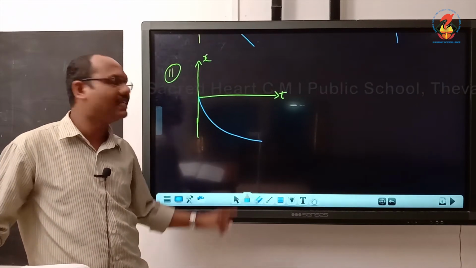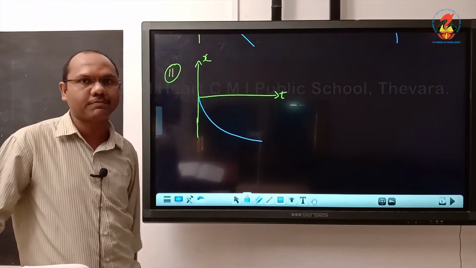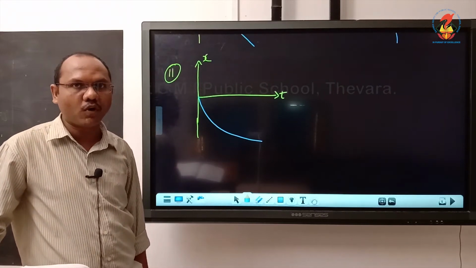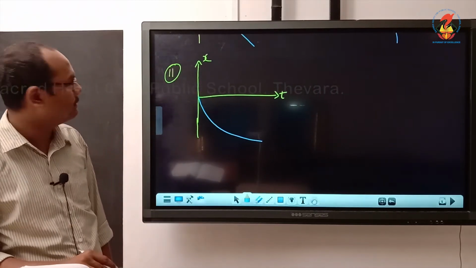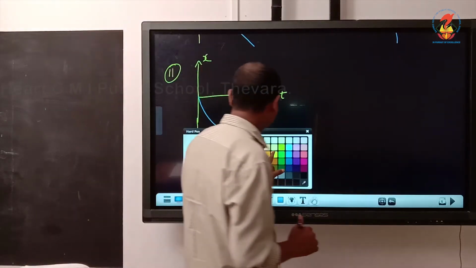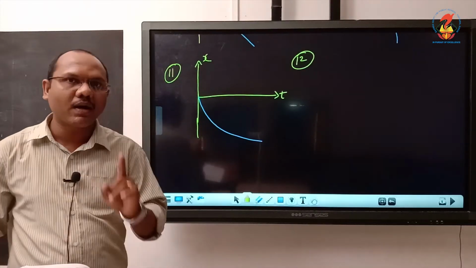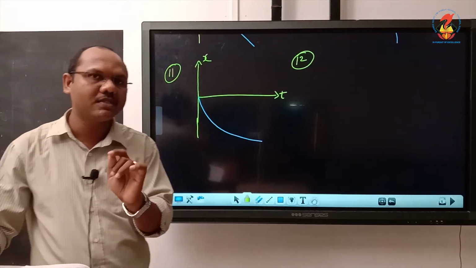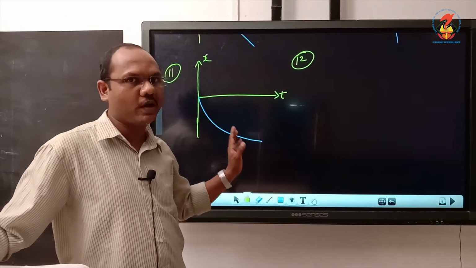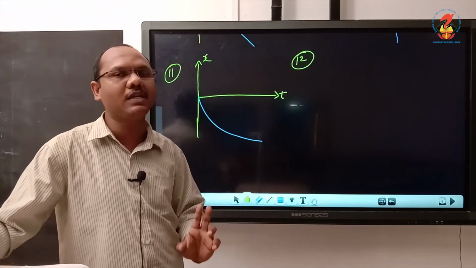So the body is decelerating in the negative direction. Please make sure that you are writing all the points that I am saying below the graph. You have to draw the graph, and write all the points that I am saying there.